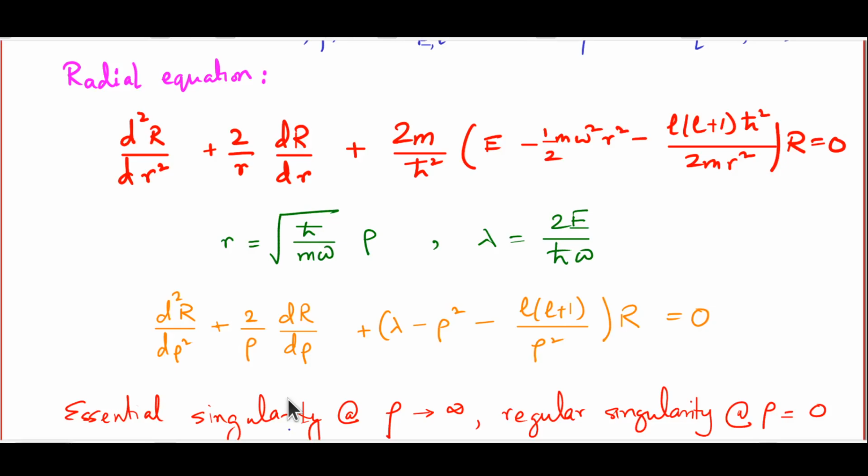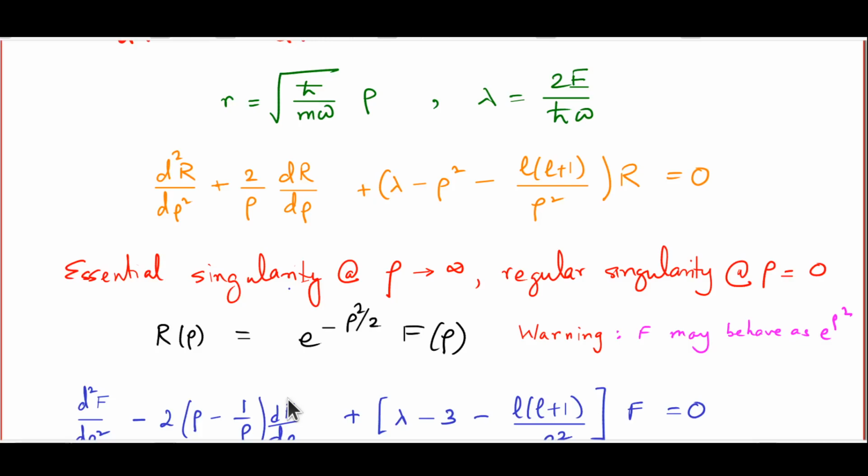We can figure out the asymptotic behavior of the function capital R of rho as rho goes to infinity from the equation itself. Once again, I'm not going to repeat the details of this because they are essentially the same as the way in which we handled the one-dimensional harmonic oscillator.